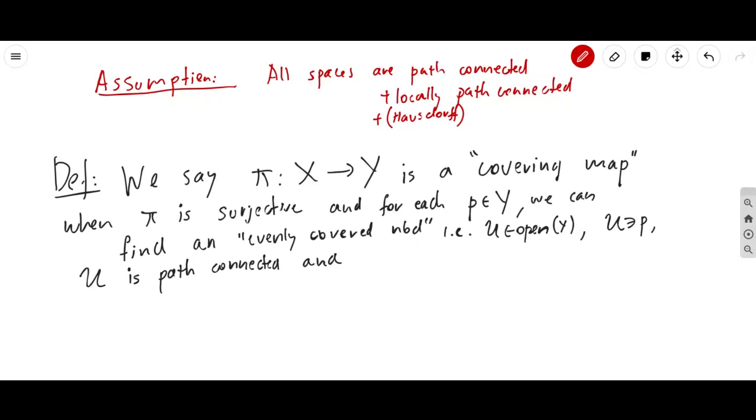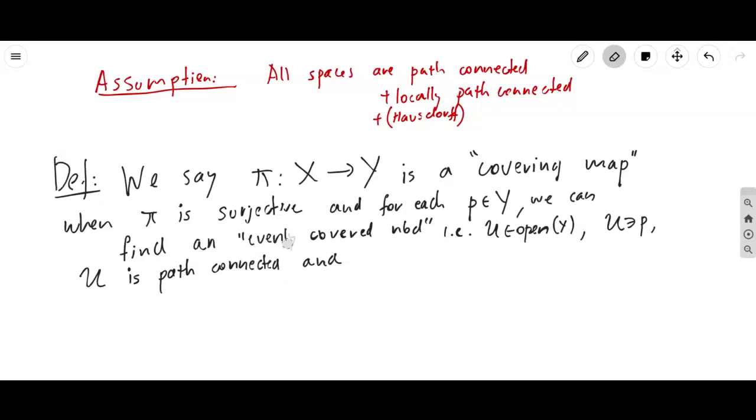All of these are very reasonable assumptions in the way this kind of math is used in other places. Now, you can, of course, define things in a more general way without these assumptions, but in practice, when you're using the theory of covering spaces, the kind of spaces that you deal with will satisfy these conditions anyway. So let's just assume it without making it more complicated for ourselves. Now, if we're assuming things that are locally path connected, we can add the assumption that this neighborhood is path connected.